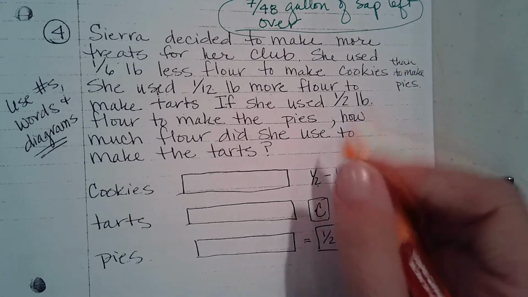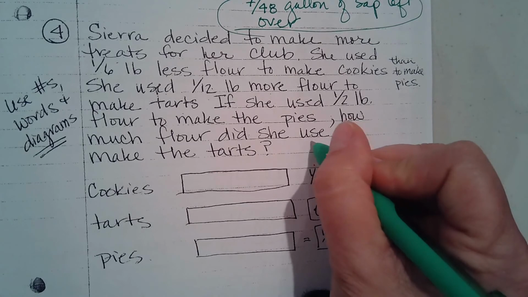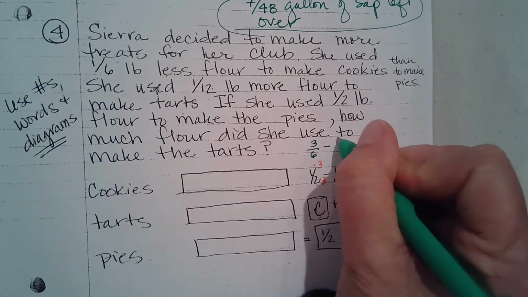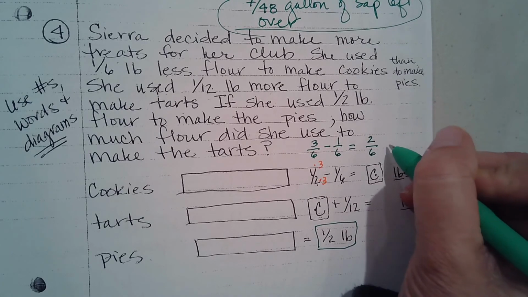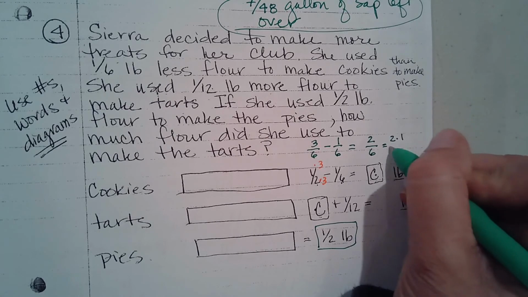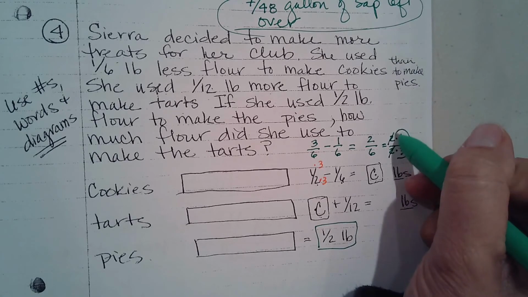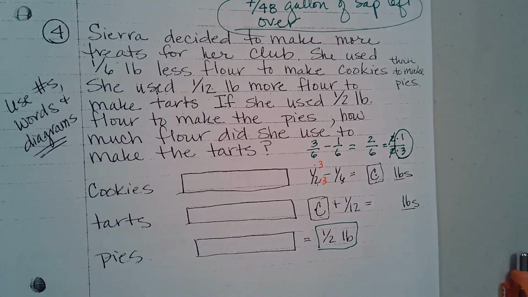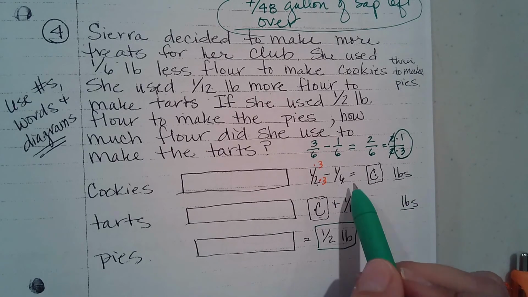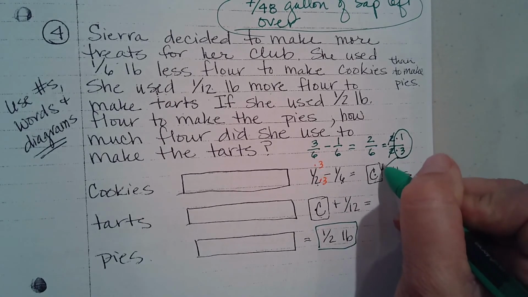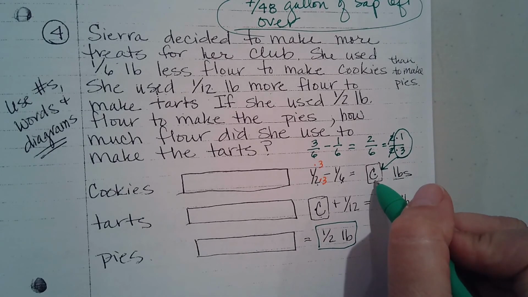So let's go ahead and create a common denominator. 3/6 subtract 1/6 equals 2/6. And 2/6 is really 2 times 1 is 2, 2 times 3, and we can cross those out and we're left with 1/3. So how much did she use for the cookies? She used 1/3 pound. All right, so now that's what C is equal to.